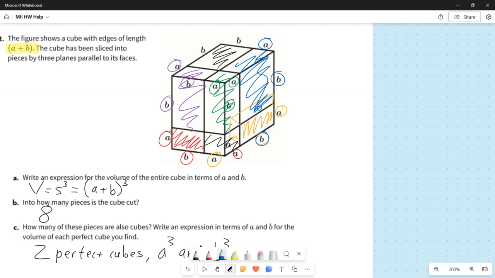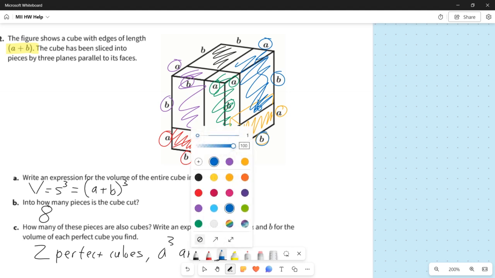Now, remember, there's that 8th piece that's hidden that we can't really see because it's in the back left on the bottom. So we can't even see any of the faces, but it is there. And that one, I'll use lime green.